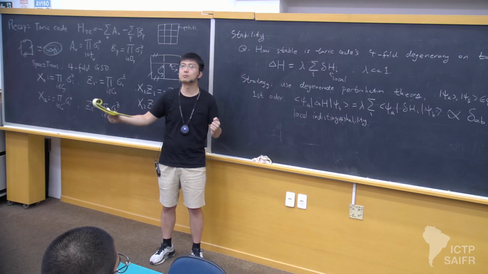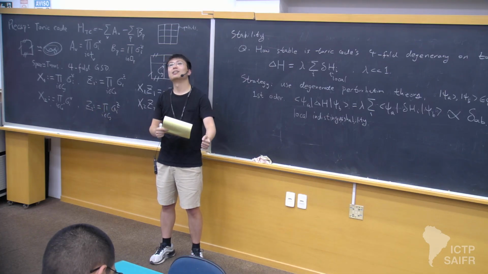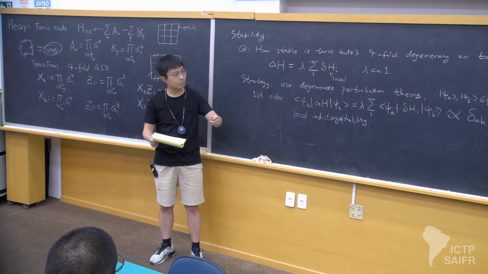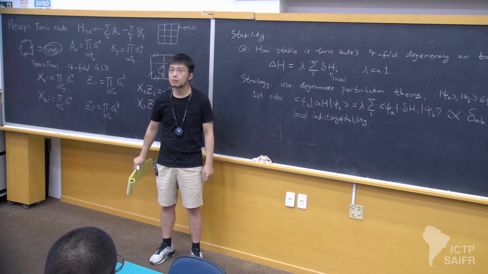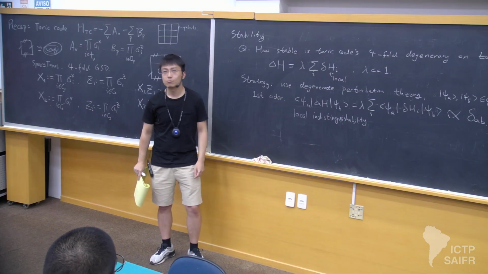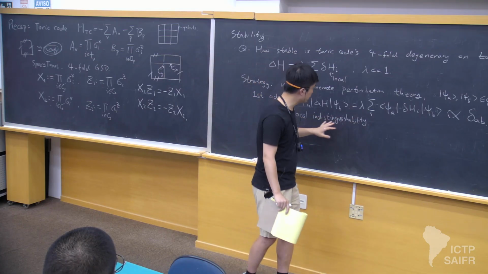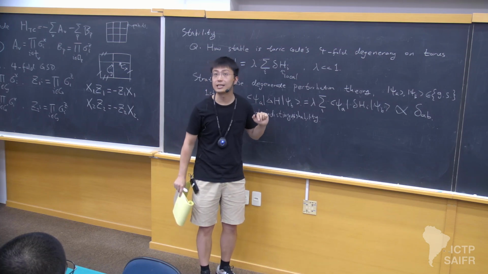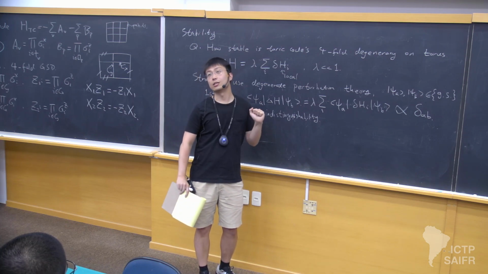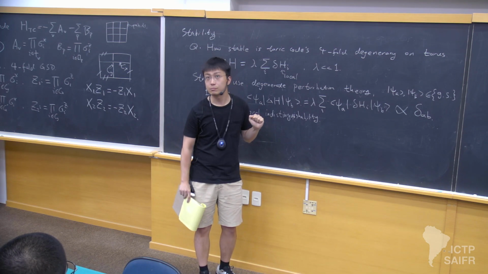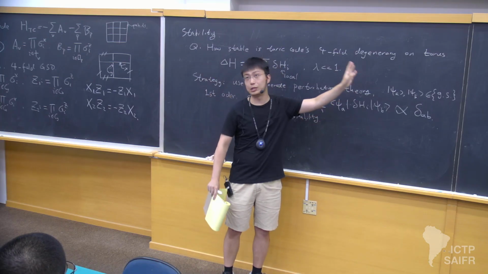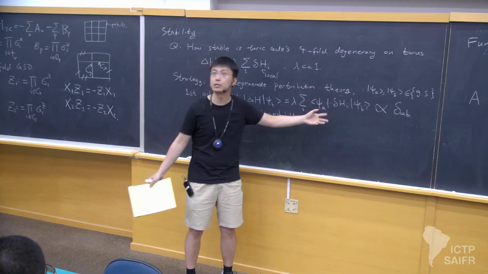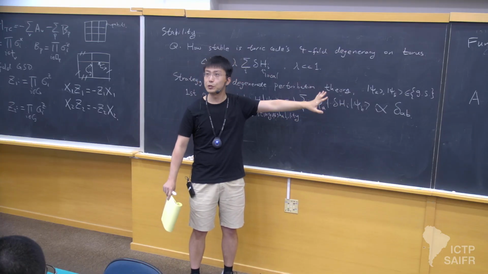Because if the off-diagonal term is not 0, you can rediagonalize the Hamiltonian, and then you can differentiate the new states. So the only way this is compatible with local indistinguishability is that the effect of this perturbation looks like an identity operator on the ground state manifold. The coefficient of that identity could, in general, be proportional to volume and so on. It doesn't really matter. But the important thing is that the fourfold degeneracy stays robust.